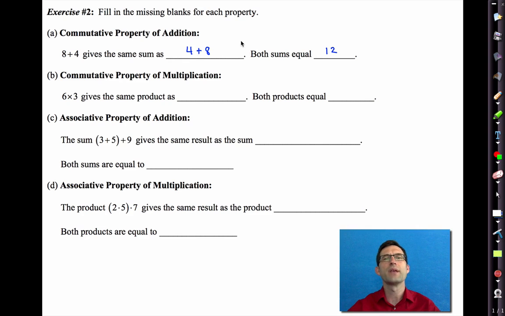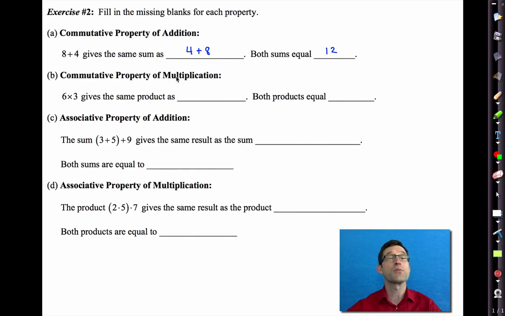And this is helpful because if you're thinking about what 3 plus 17 is, it's kind of hard to think of being at 3 and adding 17, right, to get up to 20. It's much easier to think about, I've got 17, I add 3 more, I'm at 20, right? And it really doesn't matter whether I have 8 baseball cards and I add 4 baseball cards, or whether I have 4 baseball cards and I add 8 baseball cards.